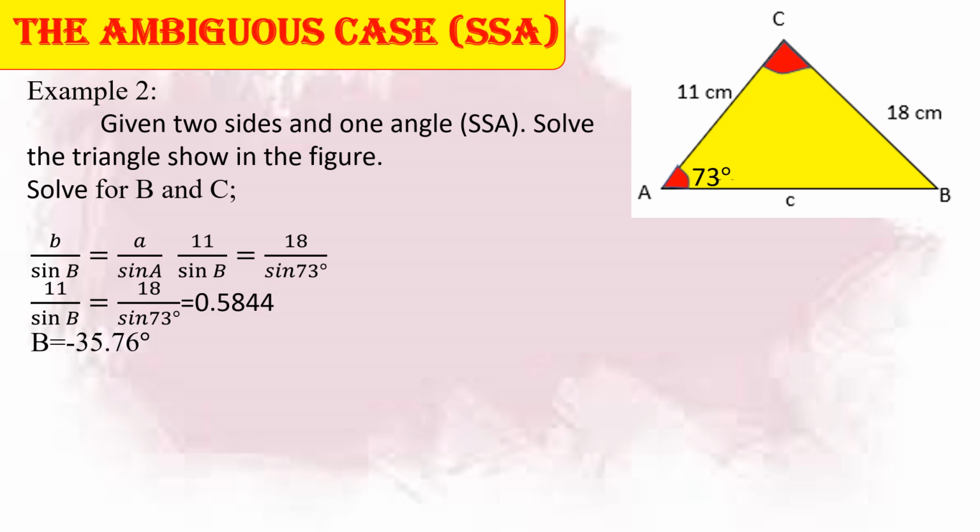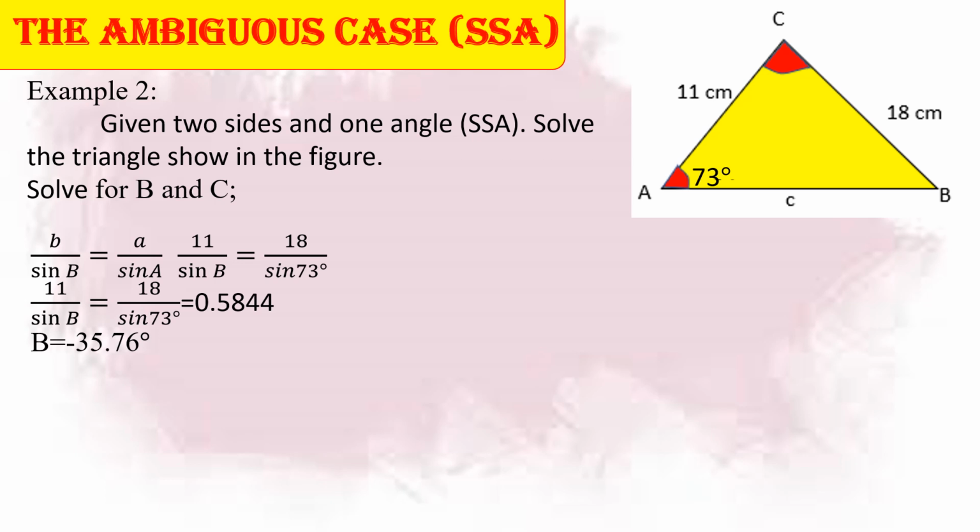Just add 73 degrees plus 35.76, and that makes 108.76. Then get the difference of 180 degrees minus 108.76, and that makes 71.24 as the measurement of angle C.